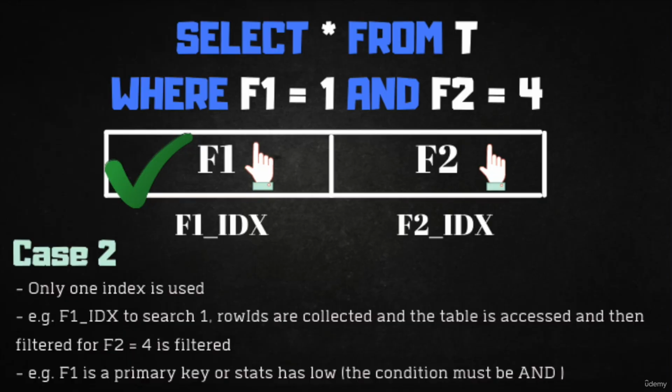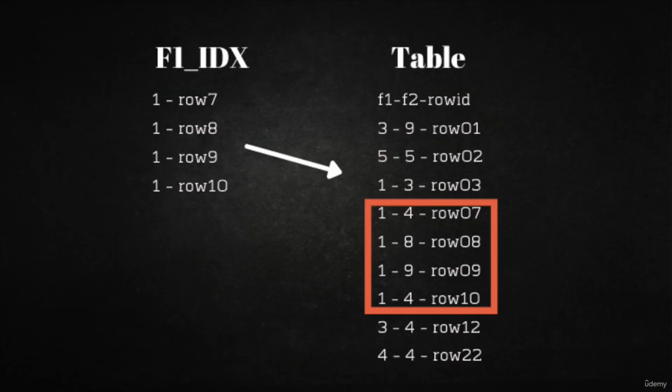Case 2 is when the optimizer decides to use one index over the other. Let's take an example. The database decides to use the F1 index only, searches all the rows for the value of 1, and then we collect all the rows and don't use the second index, right?